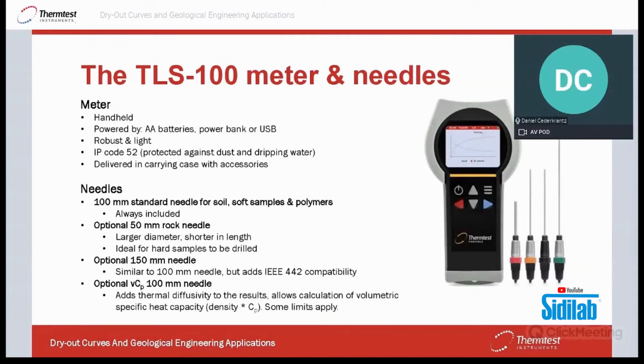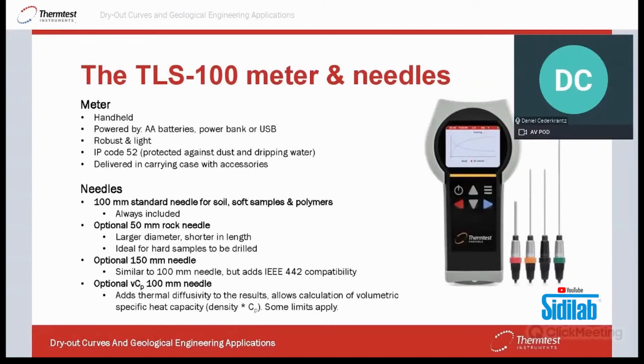This is always included, and it follows, of course, the ASTM standard that we will have a look at shortly. Then next to that, with a red band on it, we have the 50 millimeter rock needle. As you see, it's shorter, 50 millimeter. It's half the length of the 100 millimeter, clearly. It has a larger diameter, which makes it much easier to prepare a sample for testing if the sample is hard.